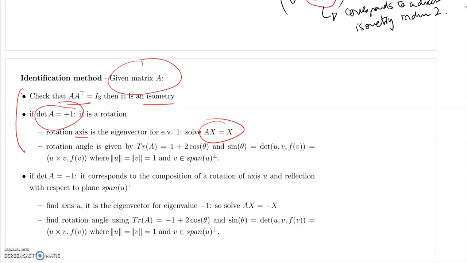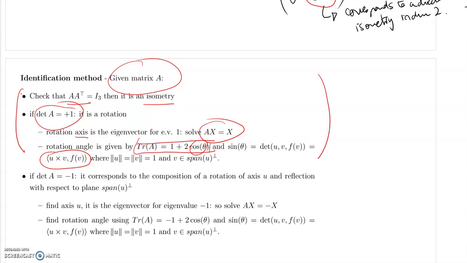To find the angle, you first compute the trace of your matrix, and that gives you the cosine of theta, and then you compute that other quantity, which gives you, if you've normed everything, the sine of theta. If you haven't normed them, it doesn't matter, you get the sign of theta. Okay, so you can identify all the characteristics of this transformation.